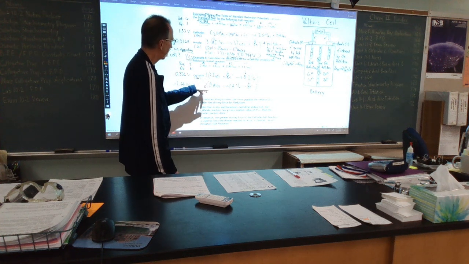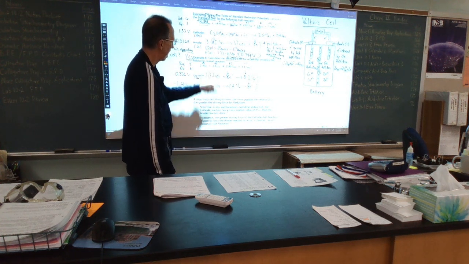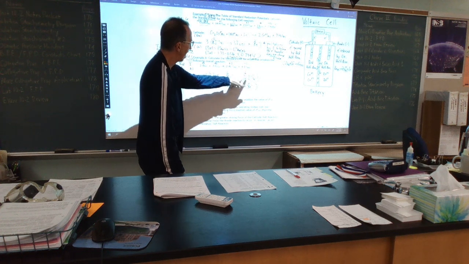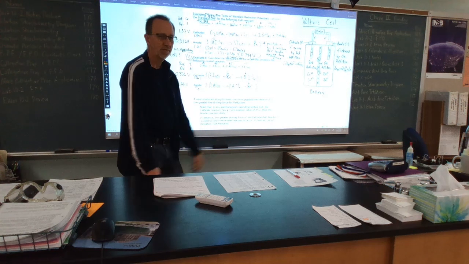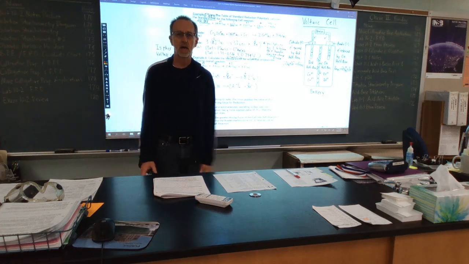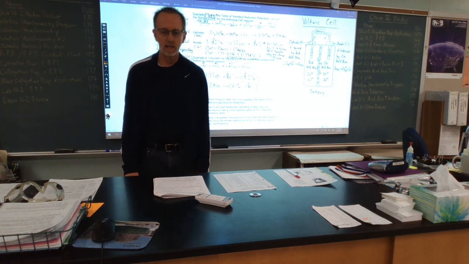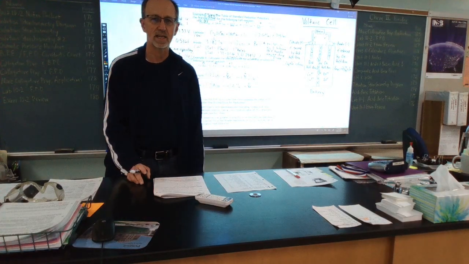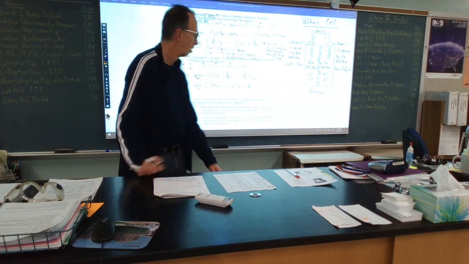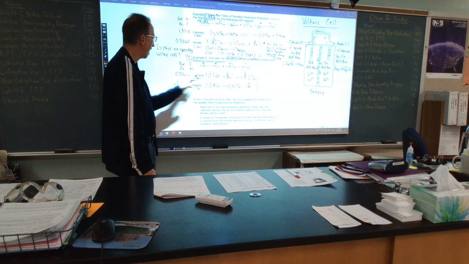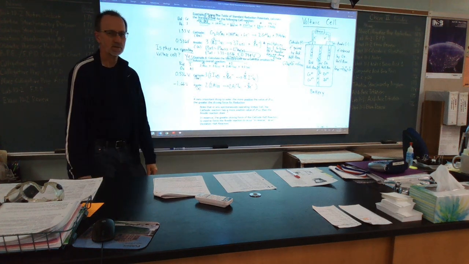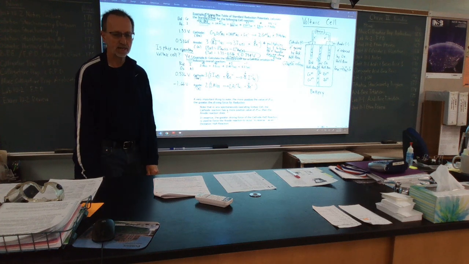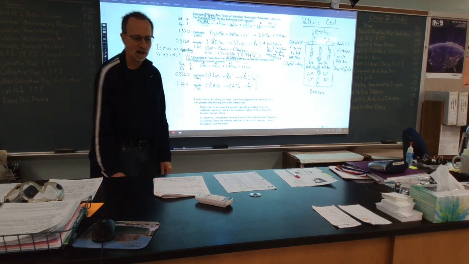So you can see I2 is indeed now 3, I minus is now indeed 6, and the 2 Als are both 2. So everything has come into balance as it should. Again, based on the fact that E is an intensive property, we do not need to multiply this value by 3. We do not need to multiply that value by 2. They can be left just as they are.